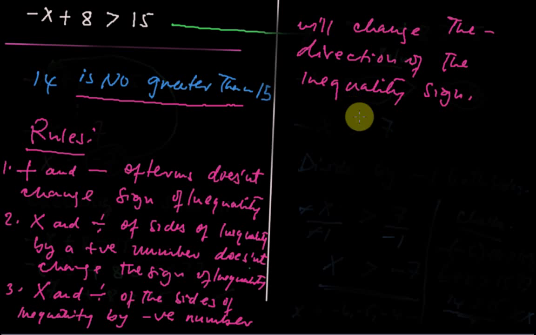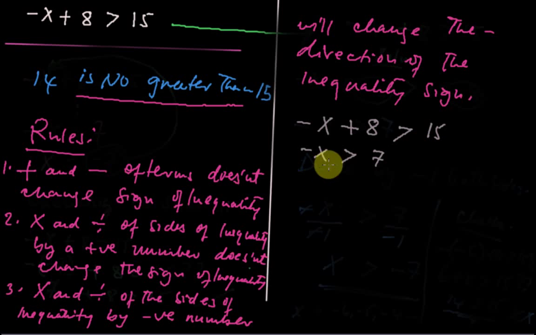Very important. So we had negative x plus 8. This was supposed to be greater than 15. And we said that negative x is greater than 7, if we take away the way we did.